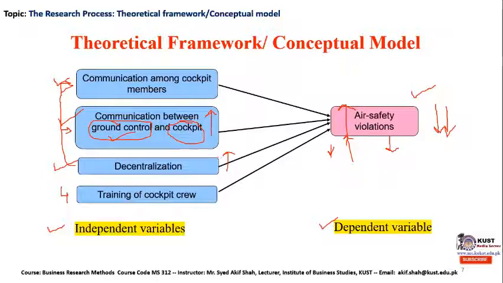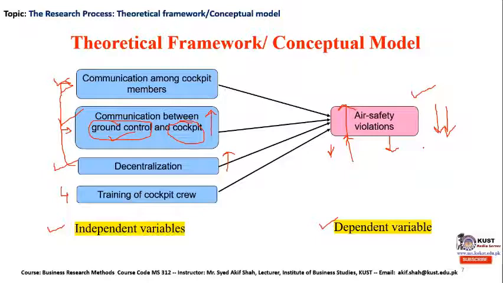So except for decentralization, the remaining variables have a negative relationship with the dependent variable. If there is less communication or cooperation amongst the cockpit members, it will lead towards air safety violations.